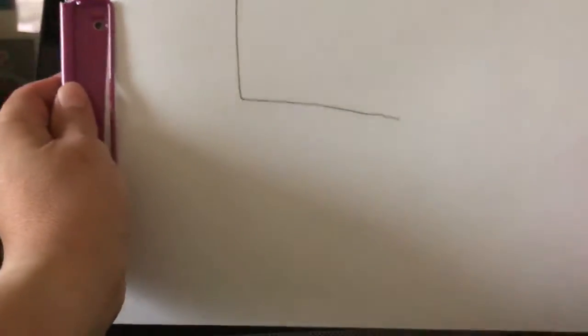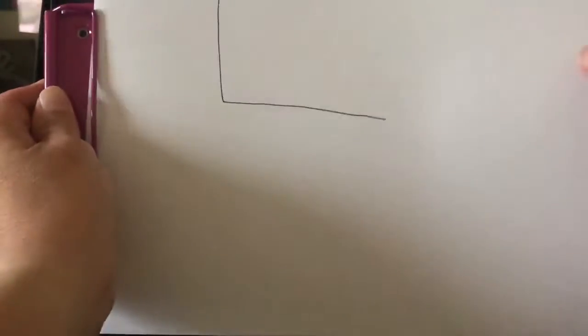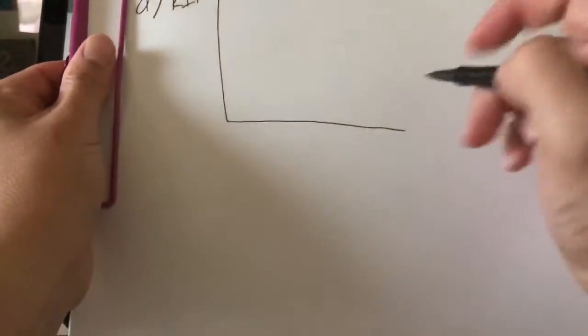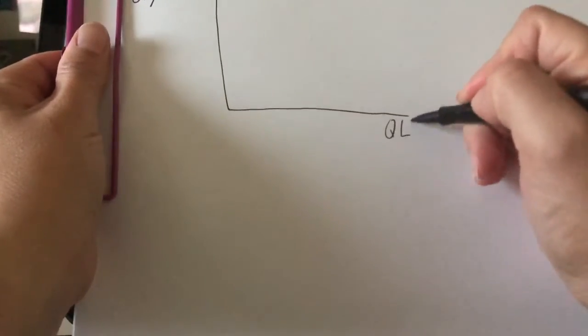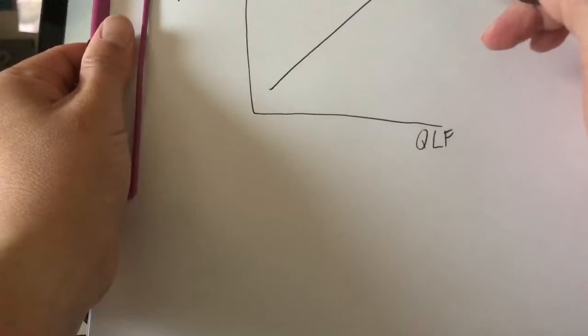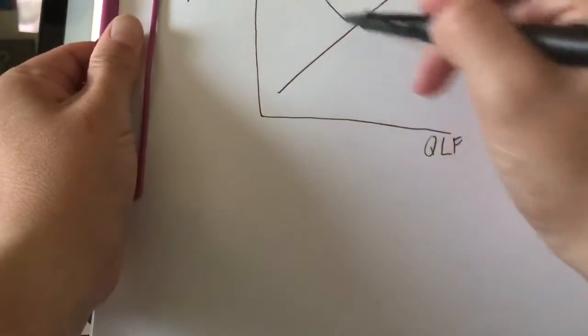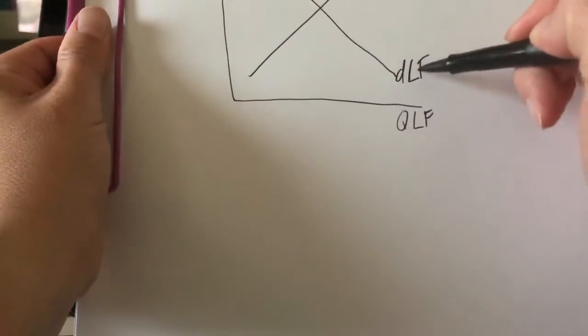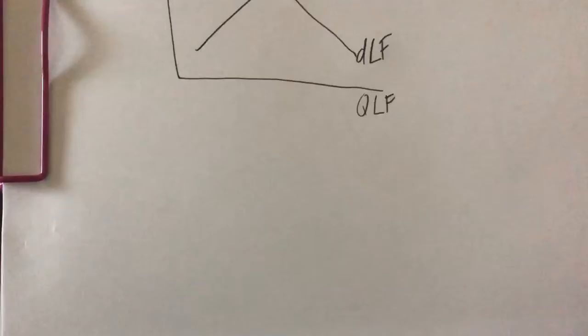Sorry guys, you can't see that because I'm too close to the camera. Okay, and then this is the quantity of loanable funds. So I'm just going to draw everything at equilibrium. This is the supply of loanable funds, and this is the demand for loanable funds. Okay, now I got a point for that.